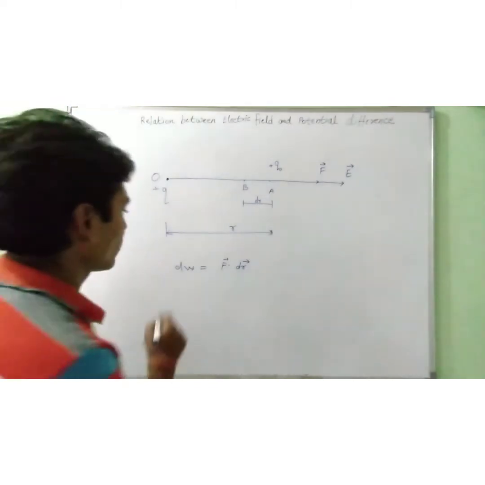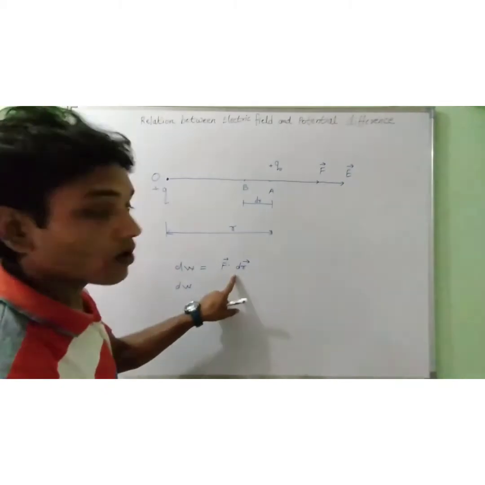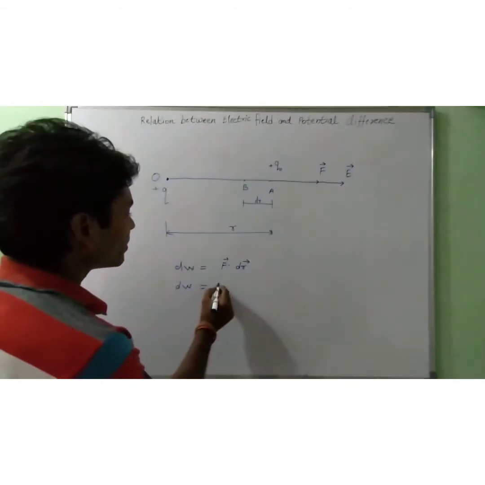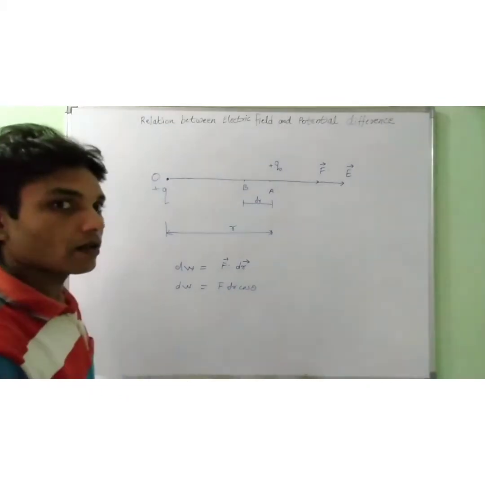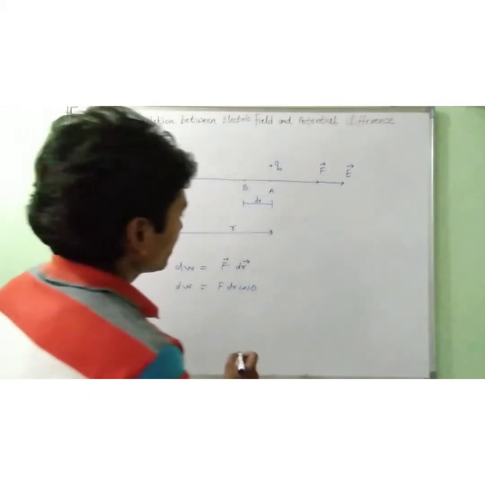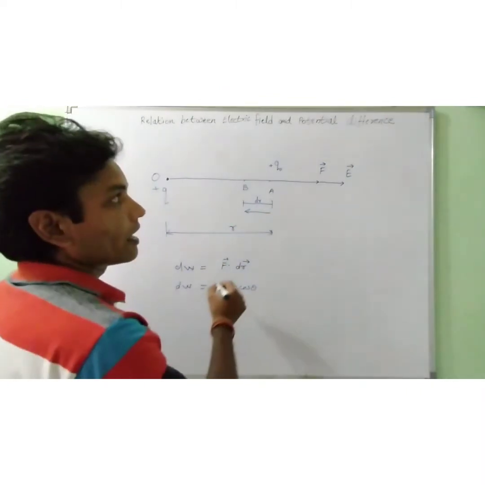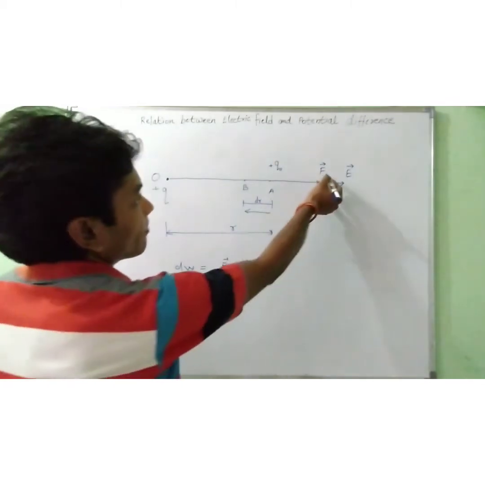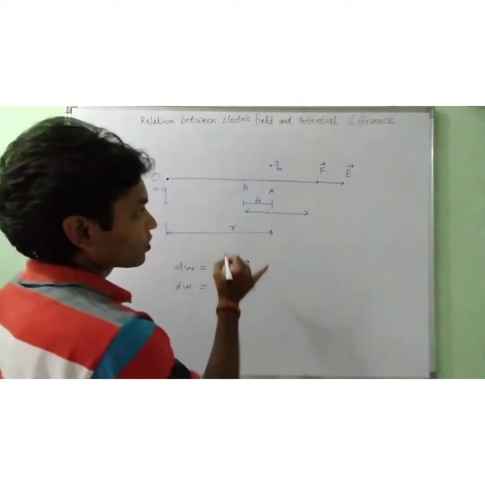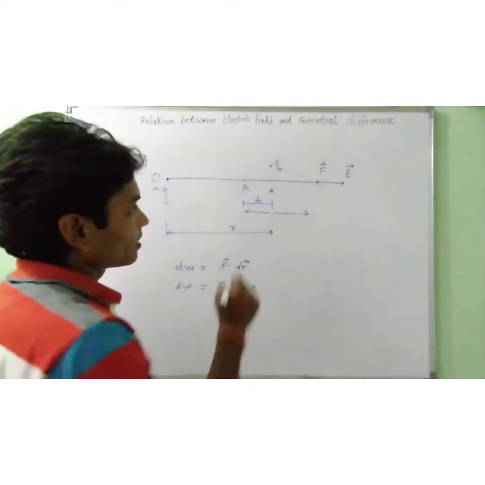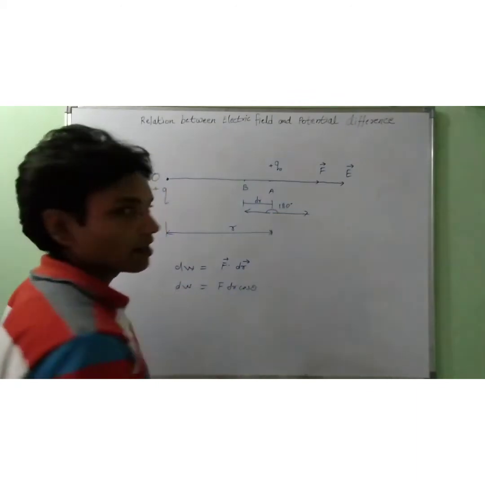On putting the value of the dot product of two vectors, it will be F dr cos theta. Now the direction of dr is along this direction, and the electrostatic force is along this direction. So these are opposite, and the angle between them will be 180 degrees.